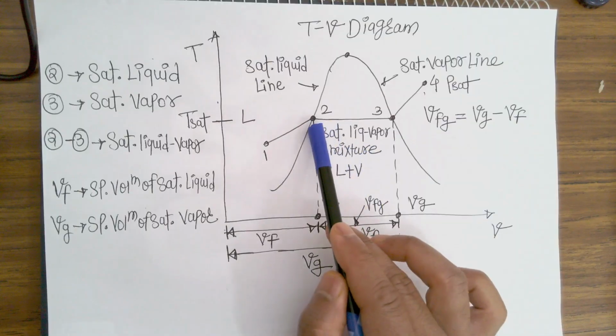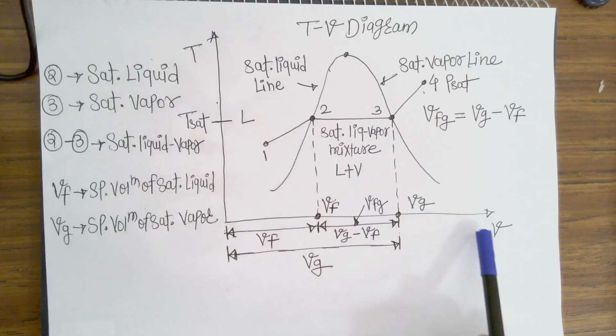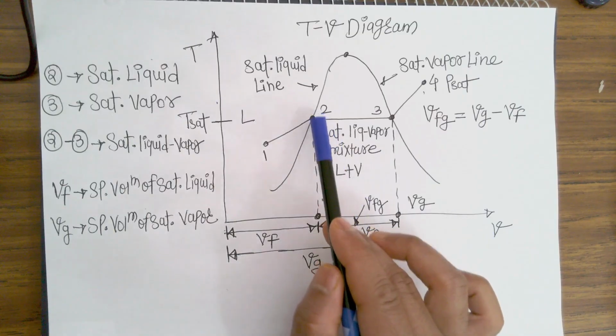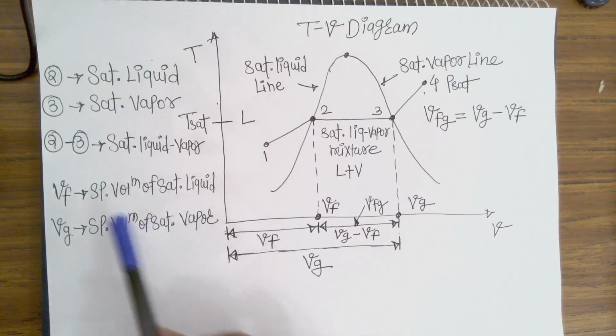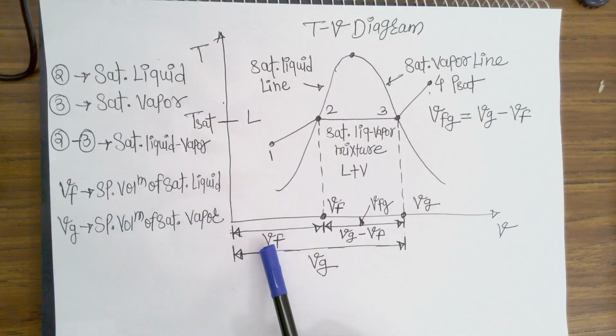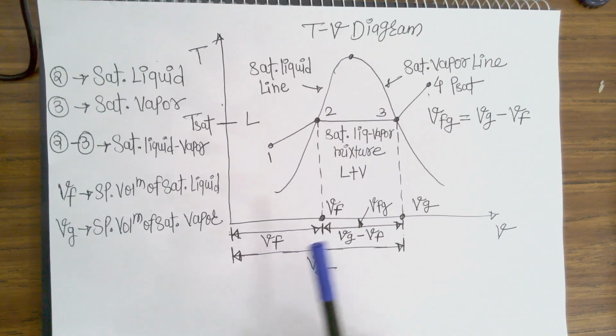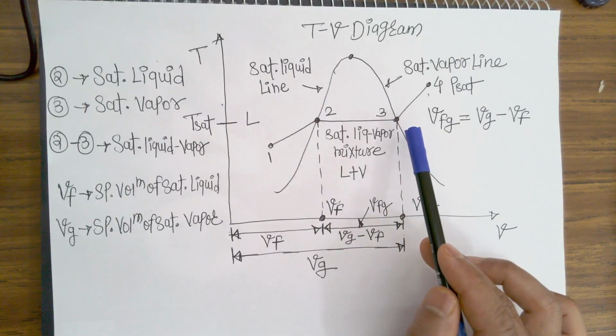So condition 2 represents saturated liquid condition. So on a TV diagram, the volume corresponding to condition 2 represents specific volume of a saturated liquid, which is small vf. Condition 3 represents saturated vapor condition.